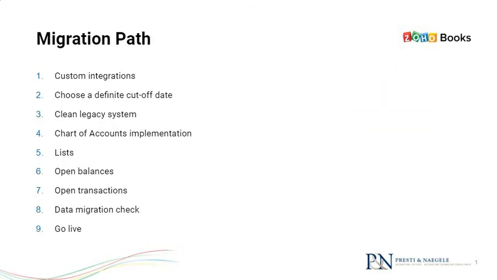So within the migration path, there are definitely different ways of doing this, making sure that you have a clean migration and your data is able to be migrated appropriately. We'll definitely walk through the steps in terms of importing and how we should import and what that looks like. Another thing just to note is there are definitely different ways to migrate your data from one system to another.